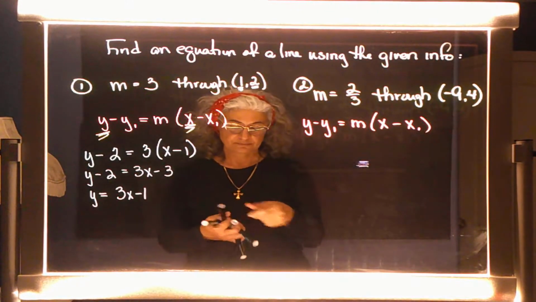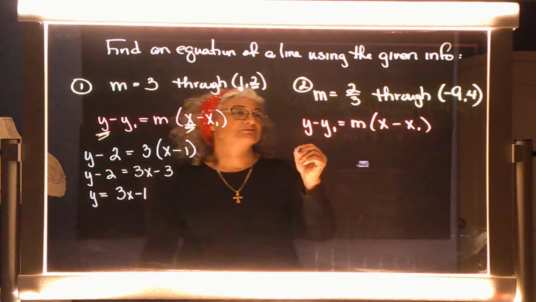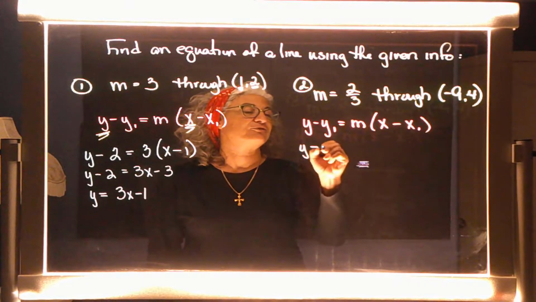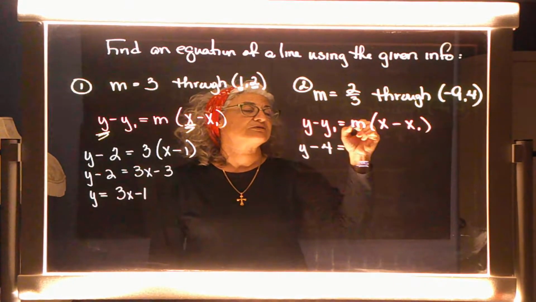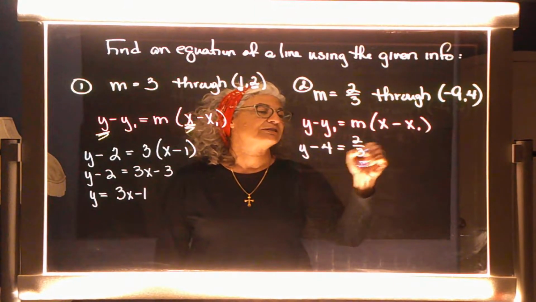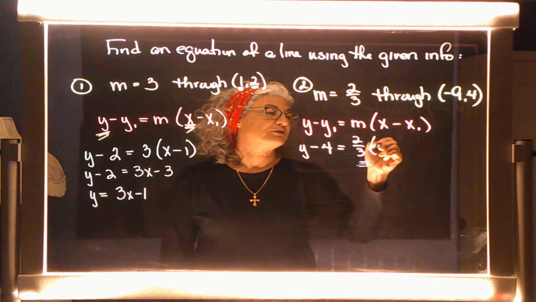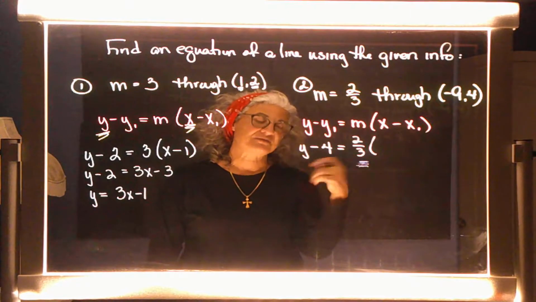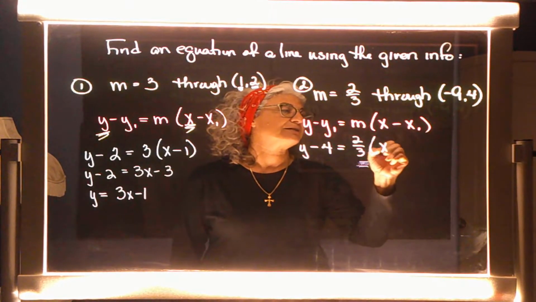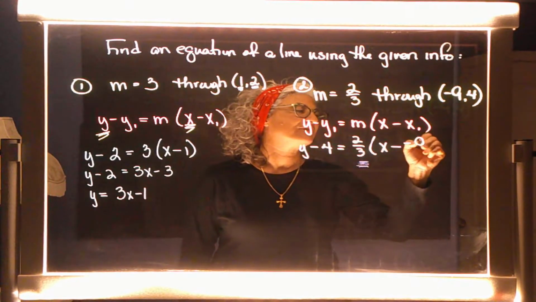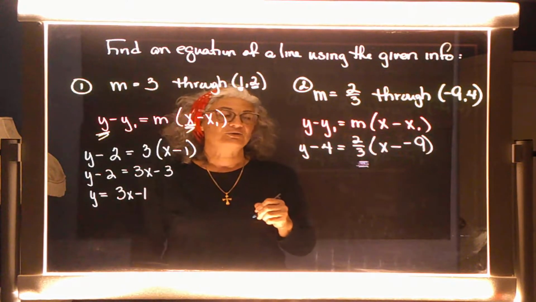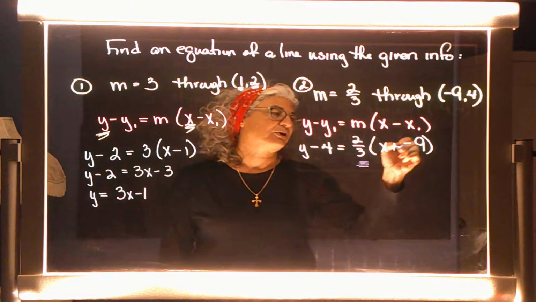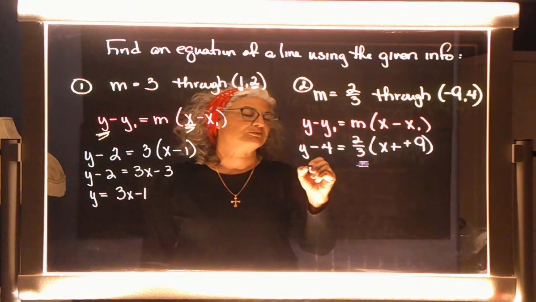Cool? Okay, so y minus, good, 4, equals, excellent, 2/3, because that's m, times the quantity. And you're like, what does that mean, times the quantity? Quantity means parentheses. So times the quantity, x minus a -9. Okay, so that double negative is actually, good, a positive, or an addition problem, I should say.